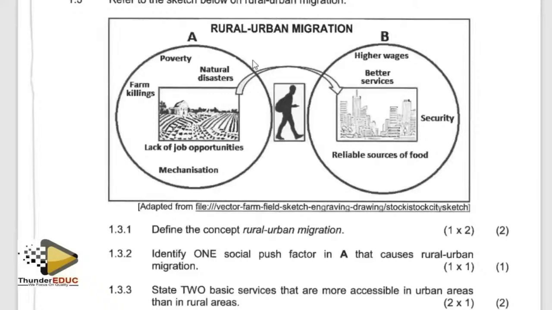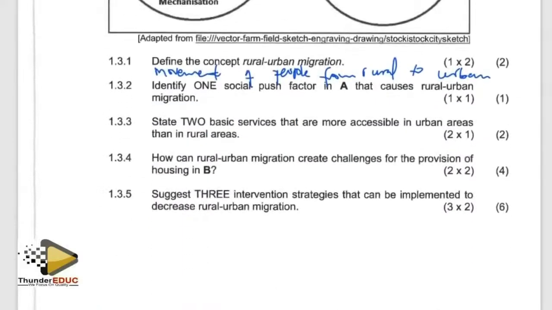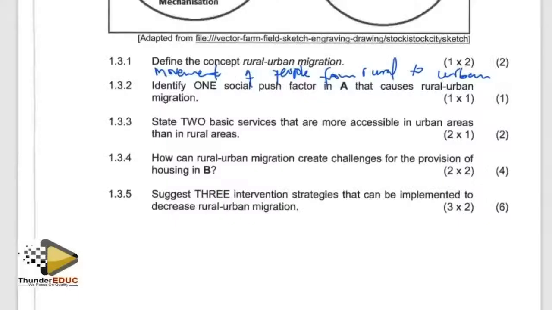The first concept to be defined is rural-urban migration. So this simply means the movement of people from where? From rural to urban. Movement of people from rural to urban areas. Next one says identify one social push factor, pushing people away from the rural area.